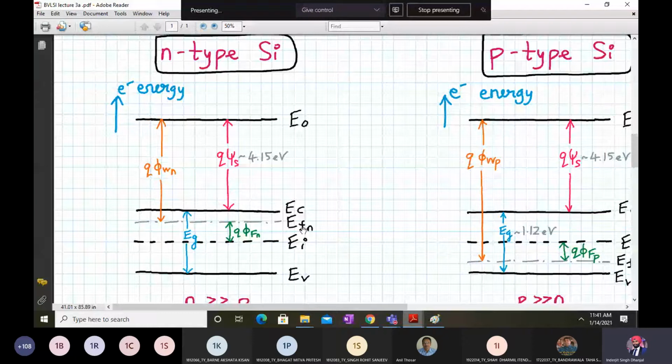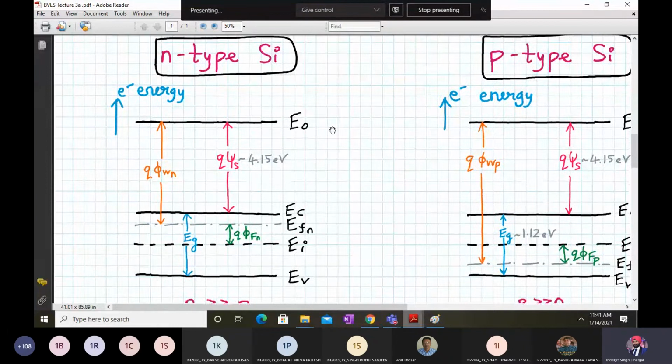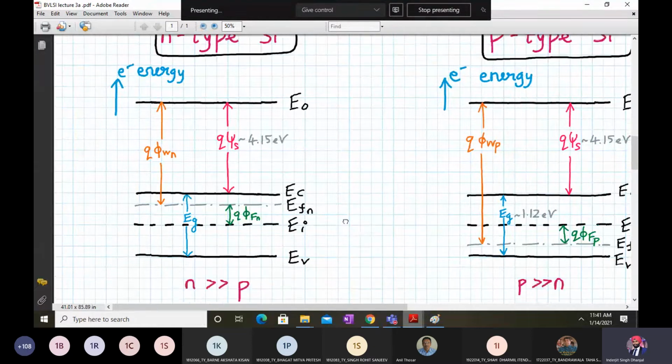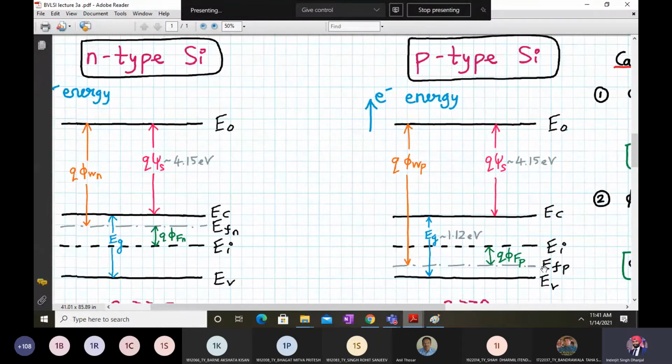Now we have a quasi-Fermi level, which indicates that it is an N-type material, and this Fermi level EFN will be closer to the conduction band. Whenever EFN is closer to the conduction band, the energy band diagram is of N-type silicon. For a P-type material, we have EFP, the quasi-Fermi level, which is closer to EV, the valence band. Whenever EFP is closer to the valence band, the material is P-type silicon.